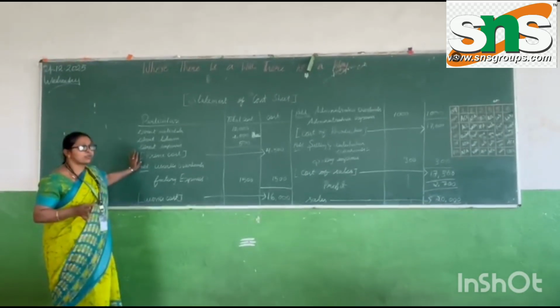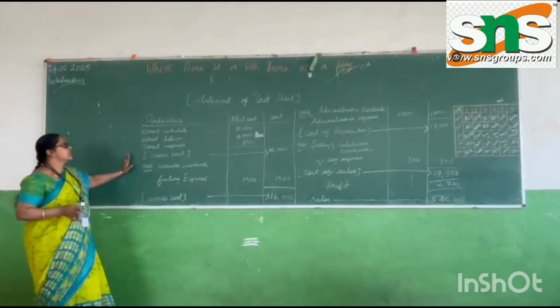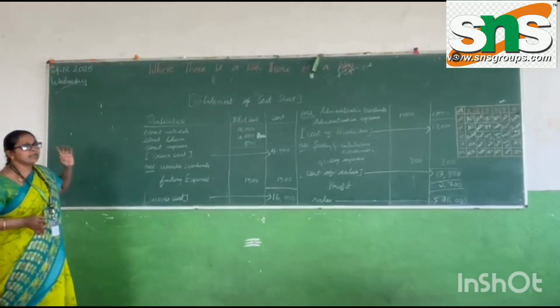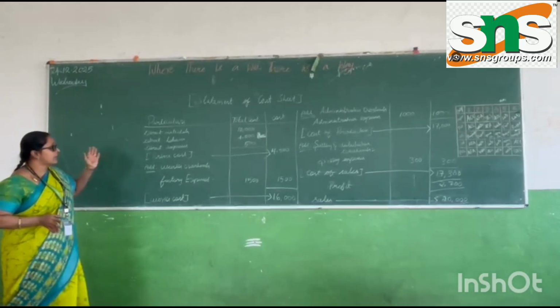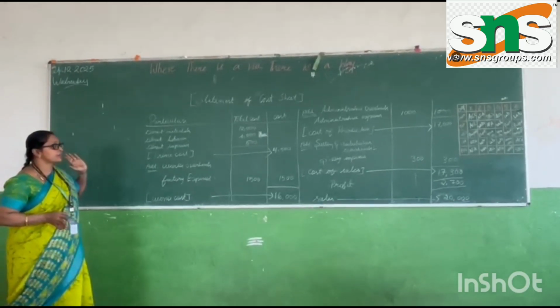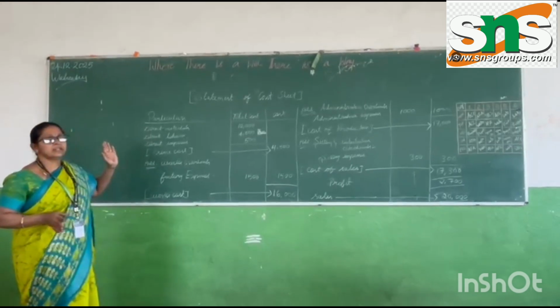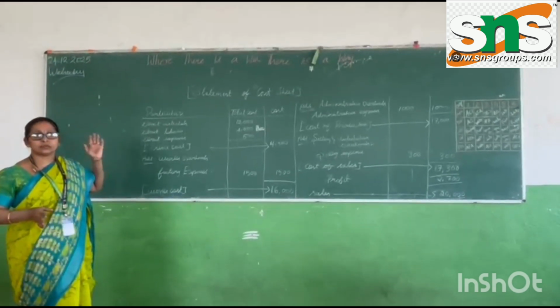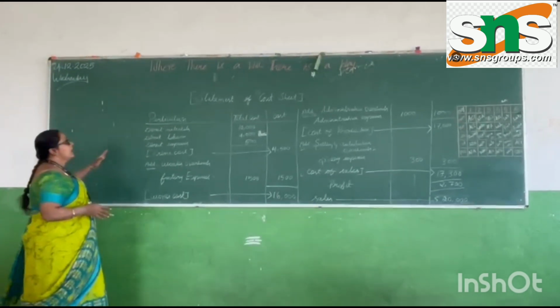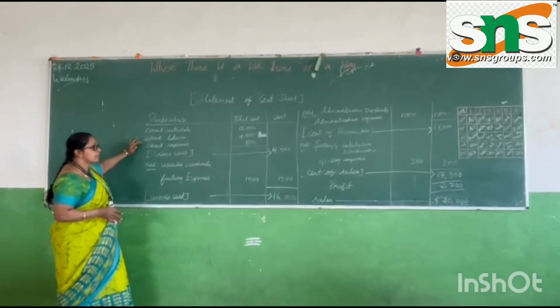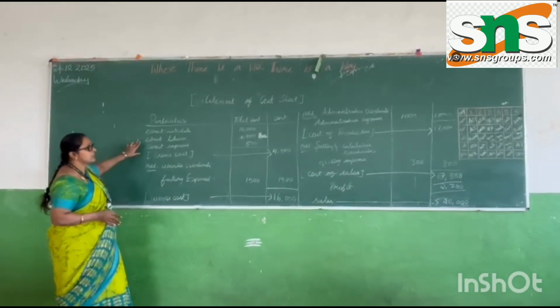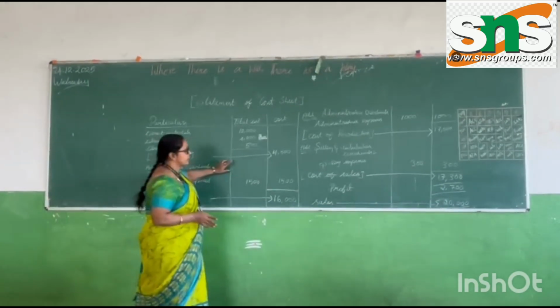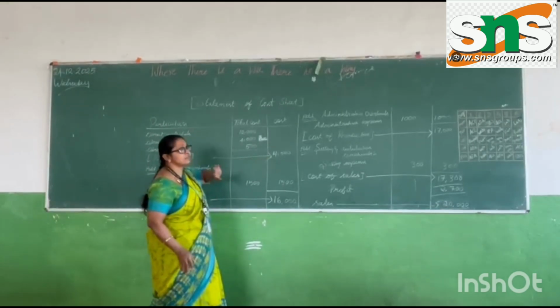Now we discuss the sum. In that sum, the direct material is given as 10,000, direct labor 4,000, direct expenses 500. In this sum, there is no opening stock and closing stock. So we directly add the direct material, direct labor and direct expenses. All three added, we get 14,500.